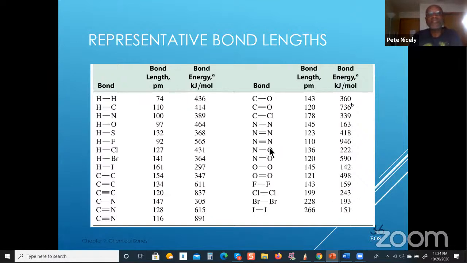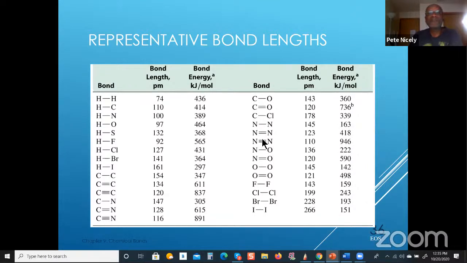There's a correlation between the bond strength as measured by the bond dissociation energy and the multiplicity of the bond. Going from the single to the double to the triple bonds for nitrogen to nitrogen, you see an increase in the bond dissociation energy, right?